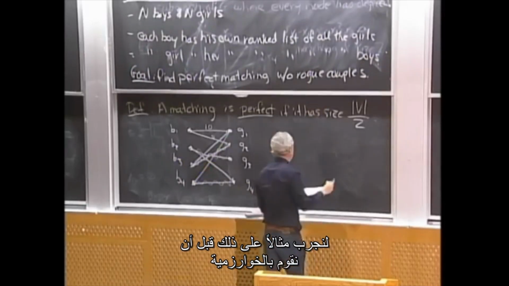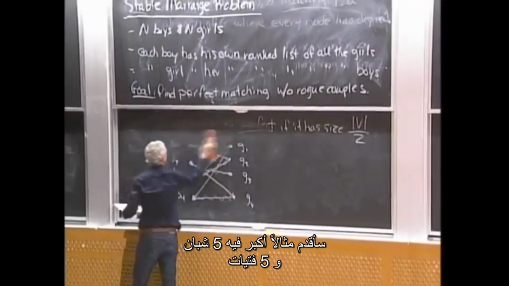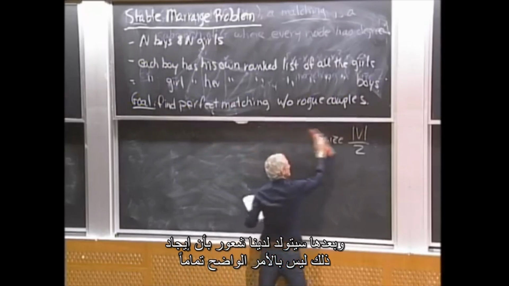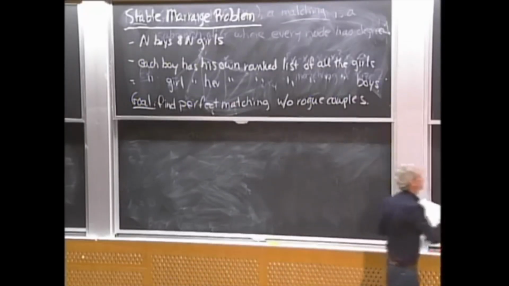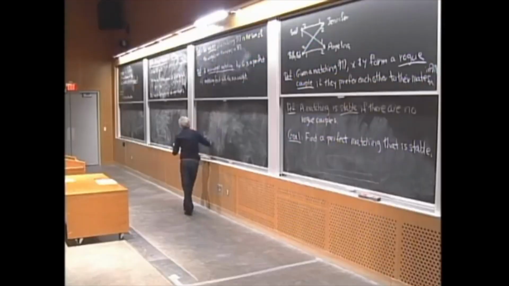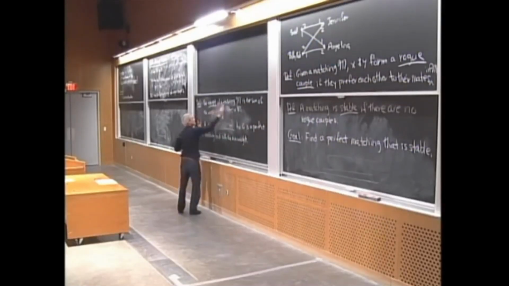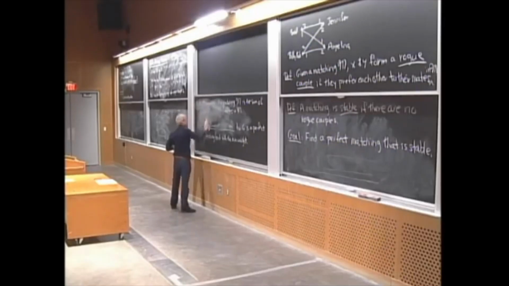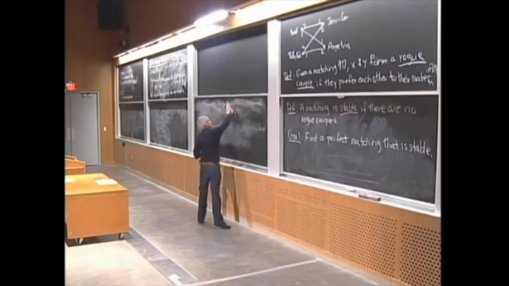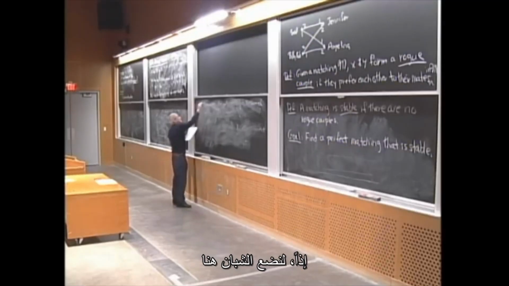Okay, so let's try an example. Before we do the algorithm, let me just do a bigger example with 5 boys and 5 girls, and we'll get some feel for this, since it's not completely obvious how to find it. So let's put the boys over here.